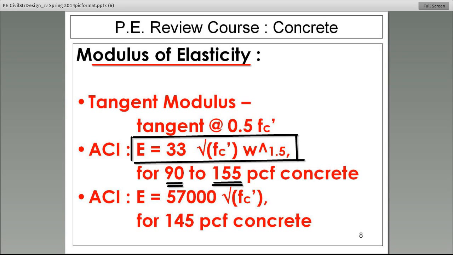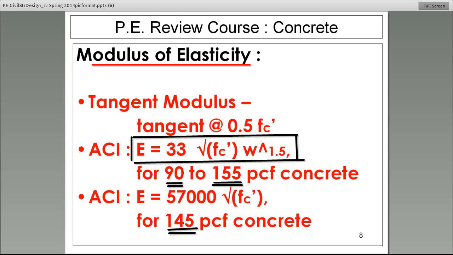We call it normal weight concrete. It has a compressive strength. I'm sorry, not the compressive strength. I meant to say unit weight. A normal weight concrete has a unit weight somewhere between 155 and 145 PCF. All right? So you need to write this down because there will be opportunities for you to use this.